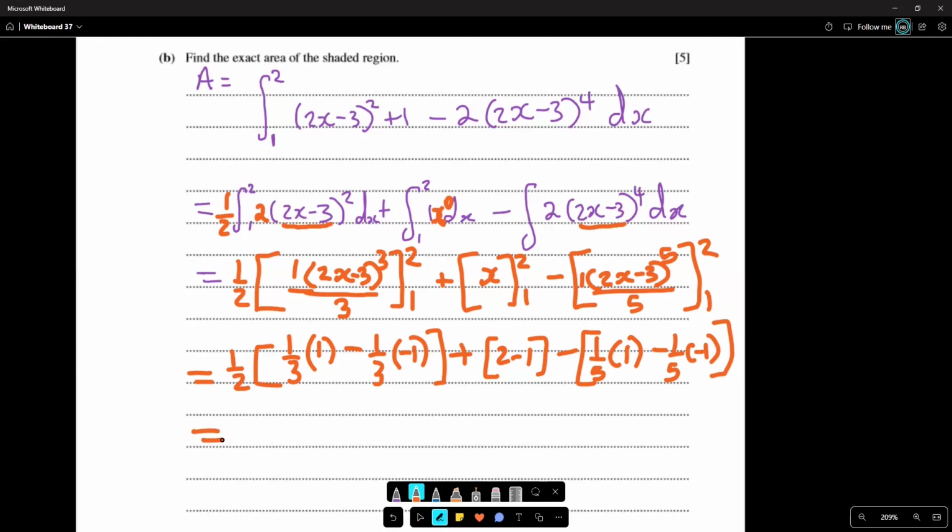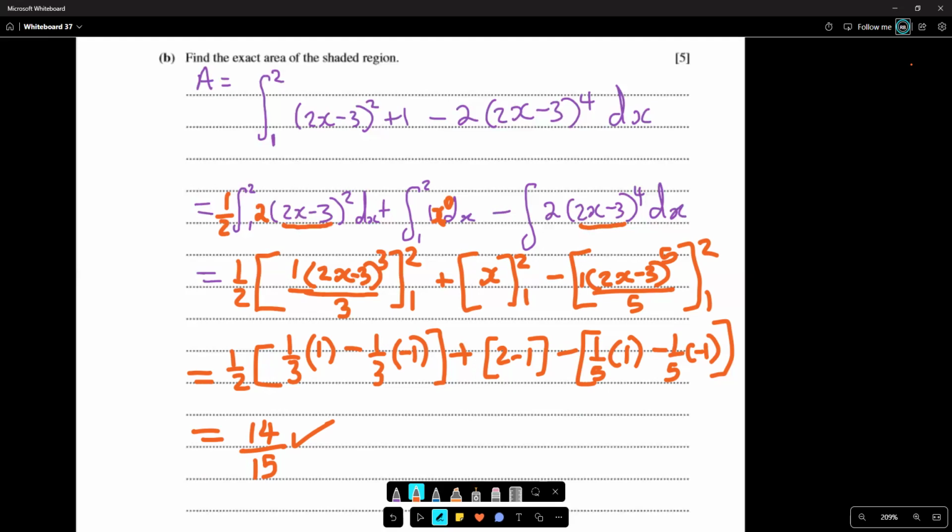And then pressing everything on a calculator gives us 14 over 15, ladies and gentlemen, which is true. Right, which is the area under the curve. I think we're done with this question now. Can go to the next questions, ladies and gentlemen.